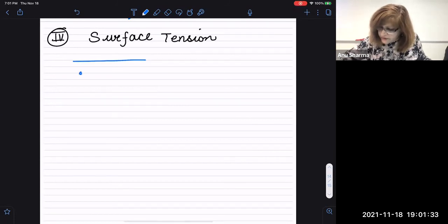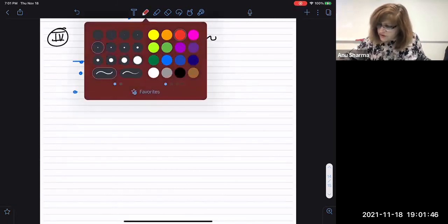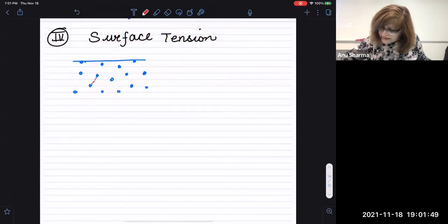Inside a liquid, what's happening here? These are the particles inside the liquid, and these particles that are inside are also connected in a network with London dispersion forces, all this. The interesting part is that the inner particles are surrounded by other particles more, so they are being pulled in all the directions, whereas the particles on the top are only being pulled from one side. The top side, they're not being pulled.